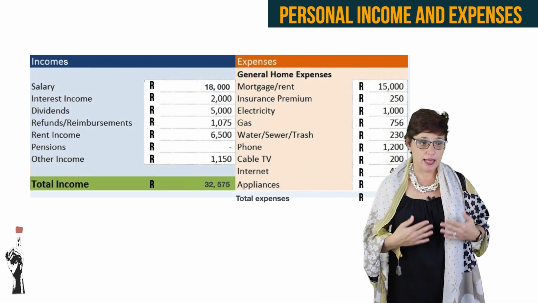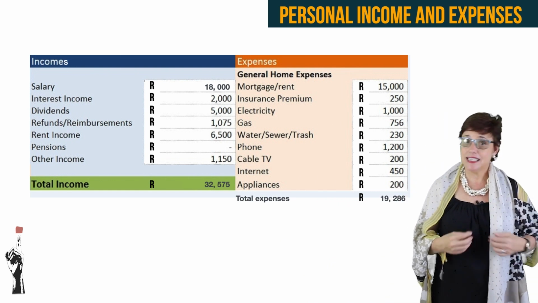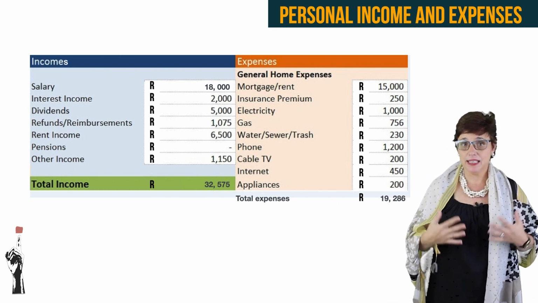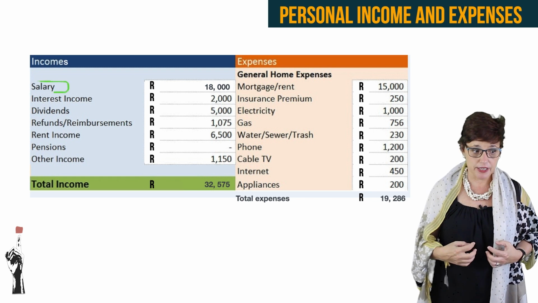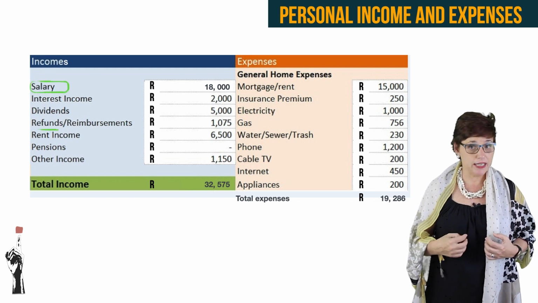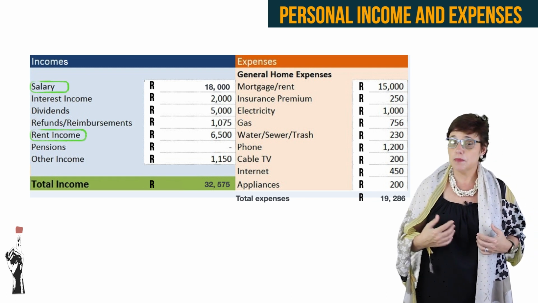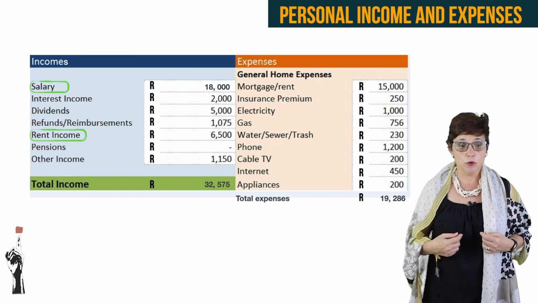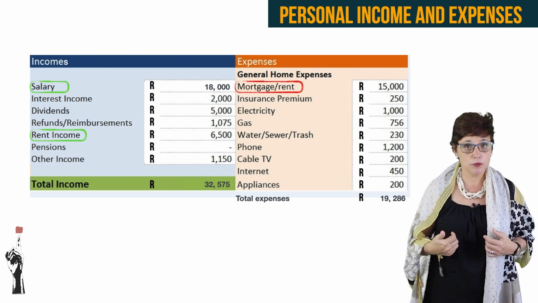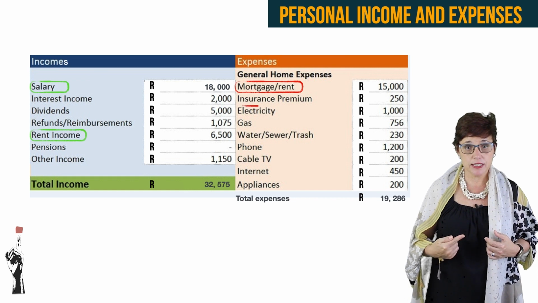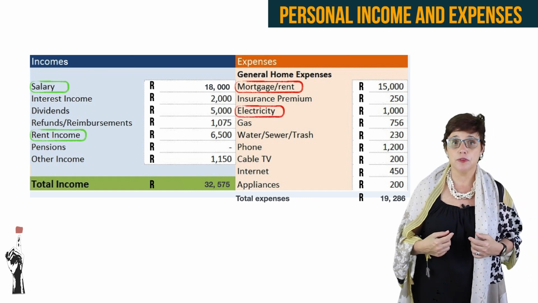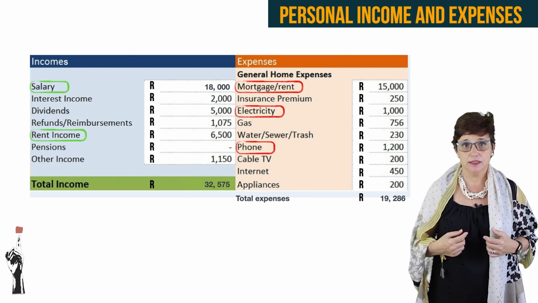If we look at this example, typically the main income is your salary and maybe rent income, and the main expenses are your mortgage or rent of your house, electricity, water, cell phone and television.